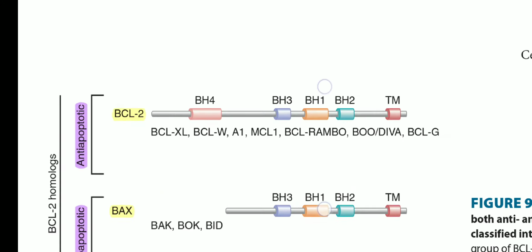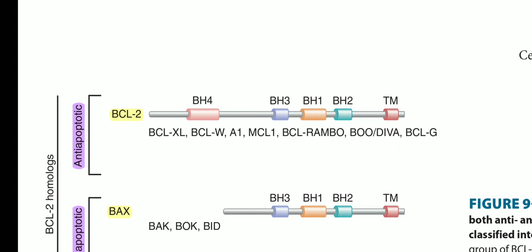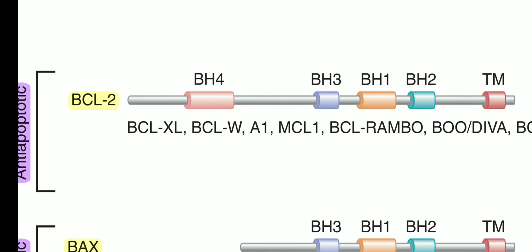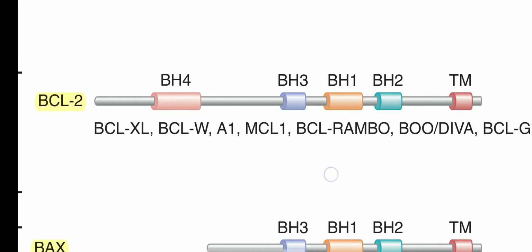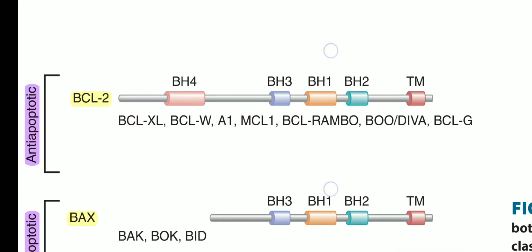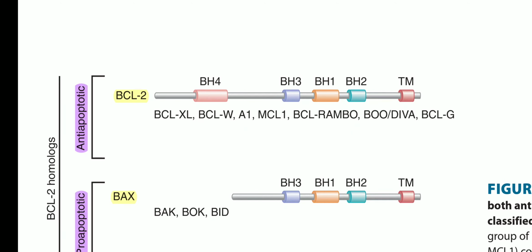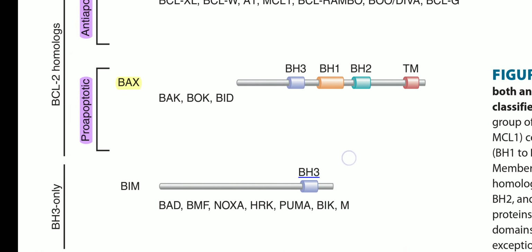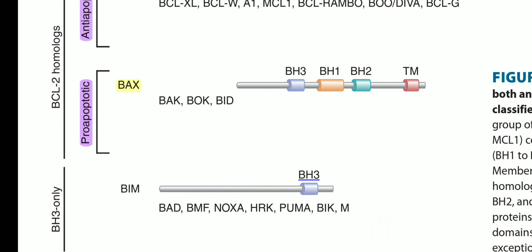The BCL2 family has anti-apoptotic members like BCL-XL and BCL-W, which have BH4, BH3, BH1, BH2 and a TM domain. The pro-apoptotic ones like Bax have BH3, BH1, BH2 and a TM domain.